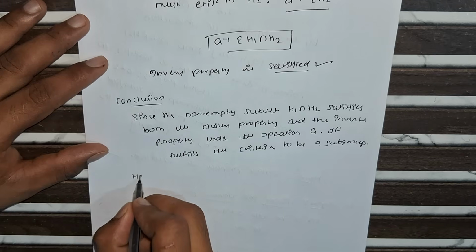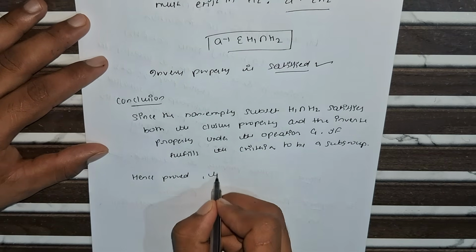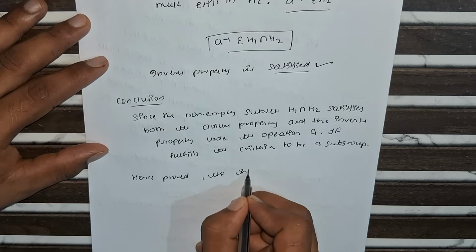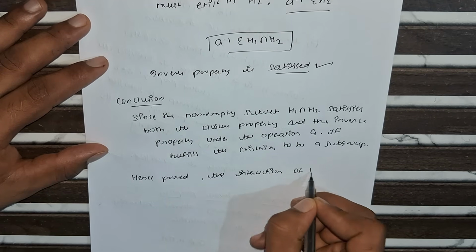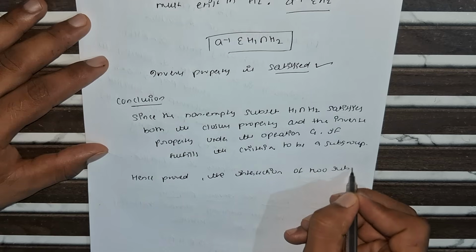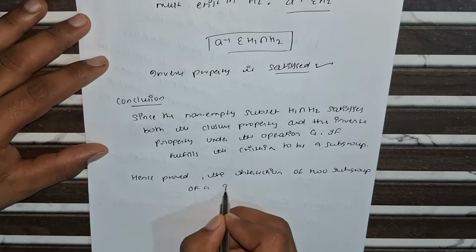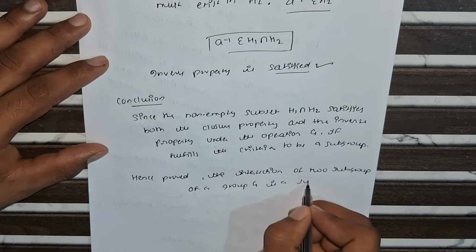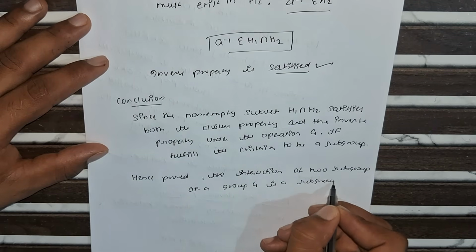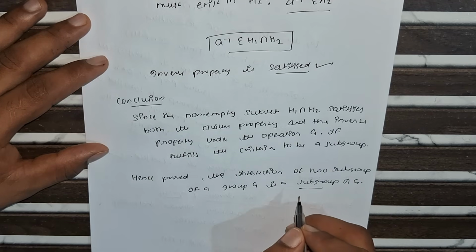So hence proved, the intersection of two subgroups of a group G is a subgroup of G. So this is the statement we have to prove in this question.